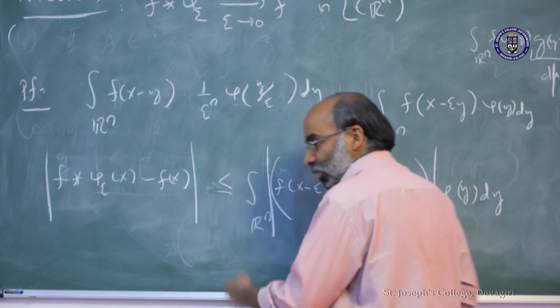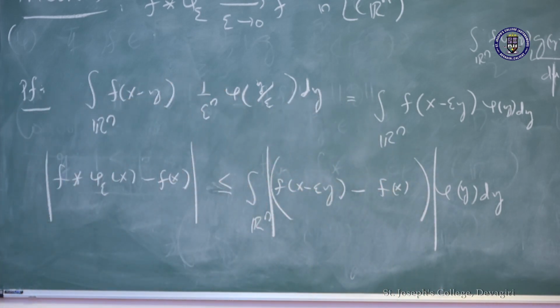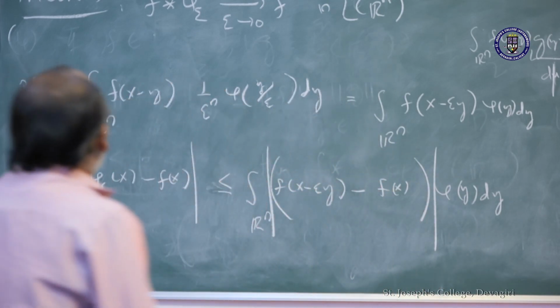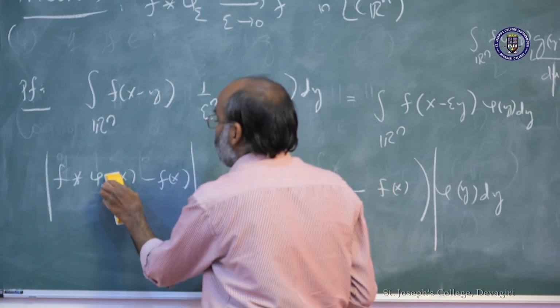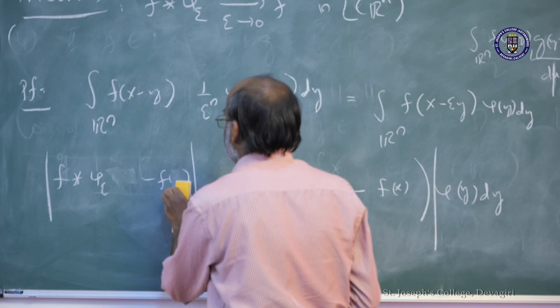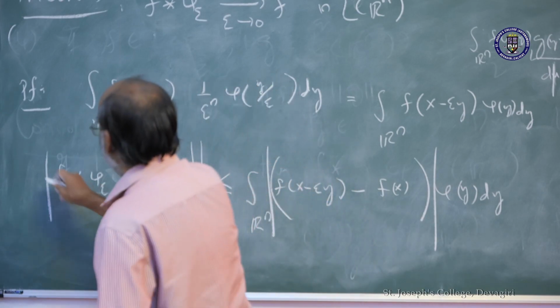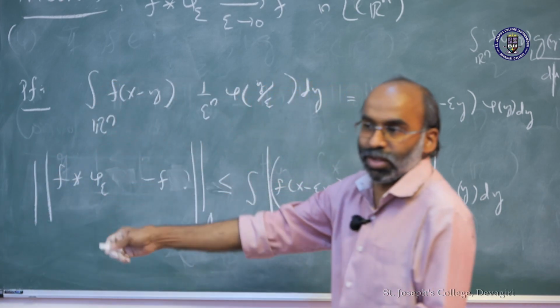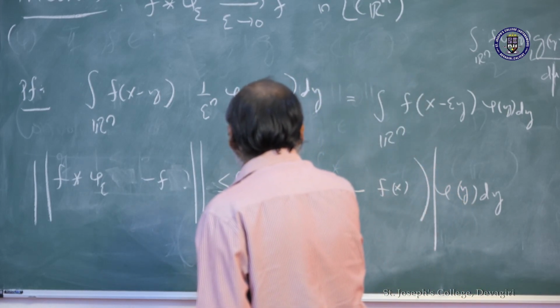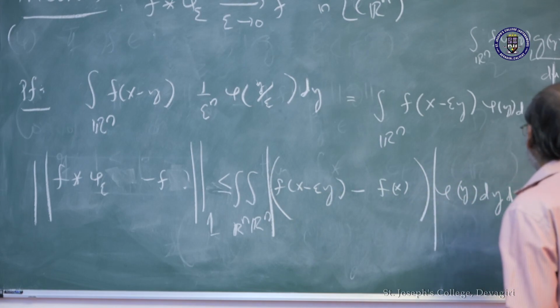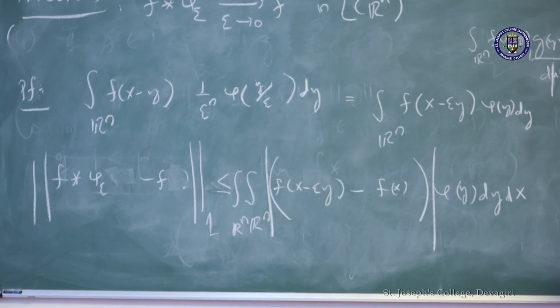So, how do I take the L1 norm of this? Simply integrate. So, I have integrated with respect to Rn, and I will have one more integral here, over Rn and dx.